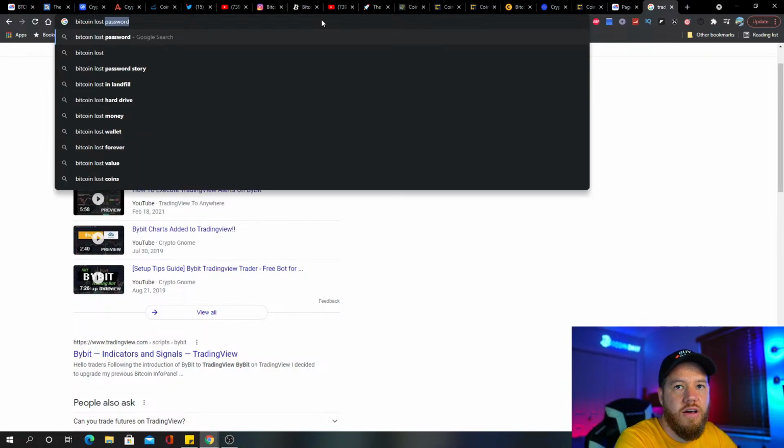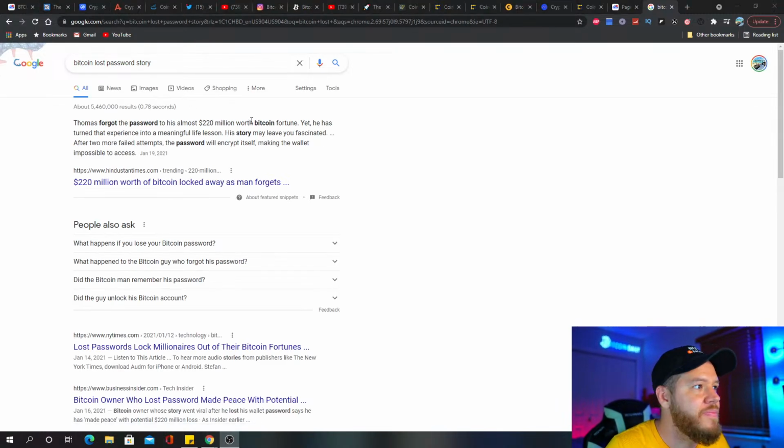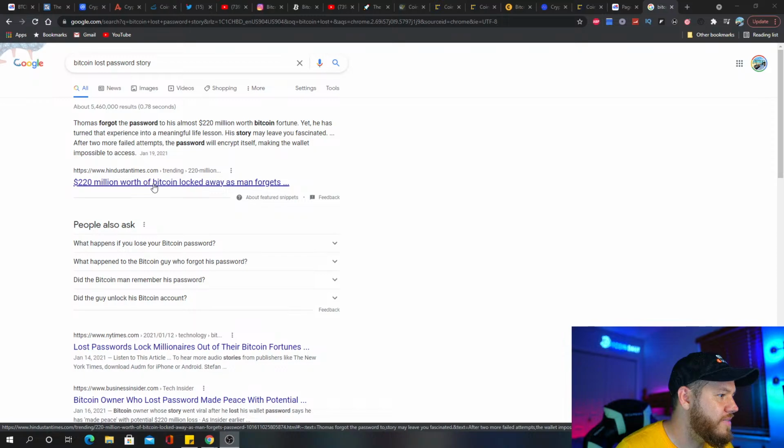Let's search Bitcoin lost password story. It's probably gonna come up. Look at this, $220 million worth of Bitcoin. That's crazy.